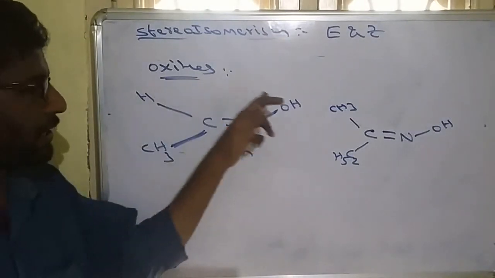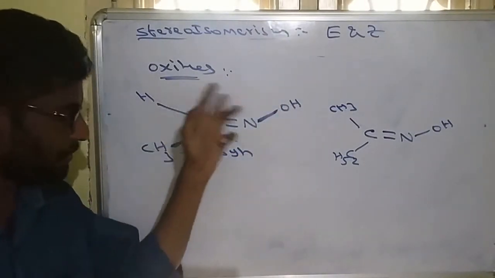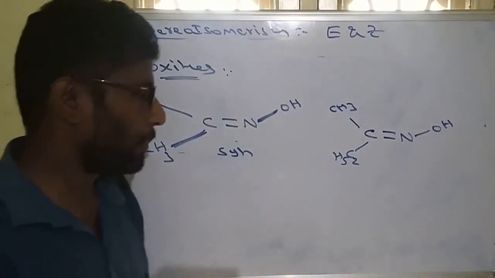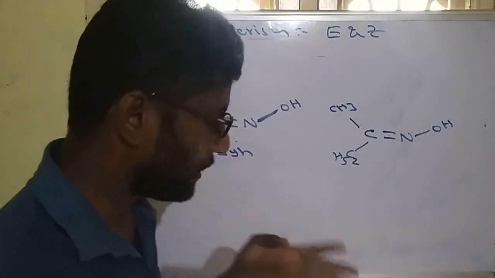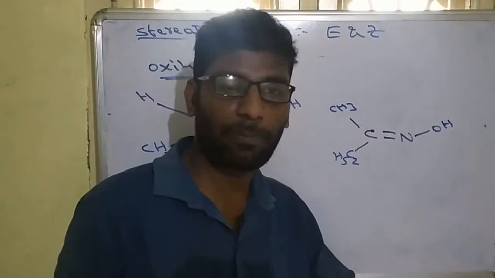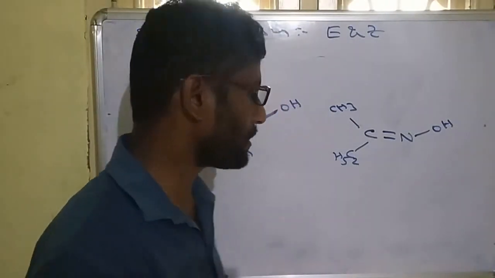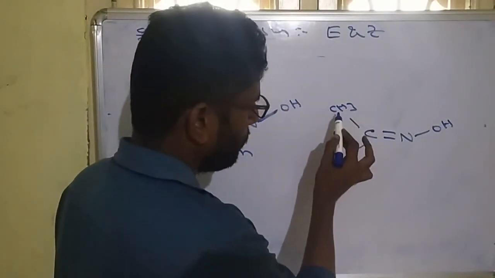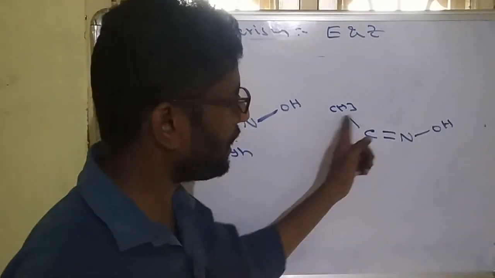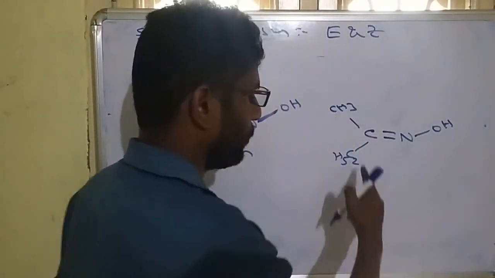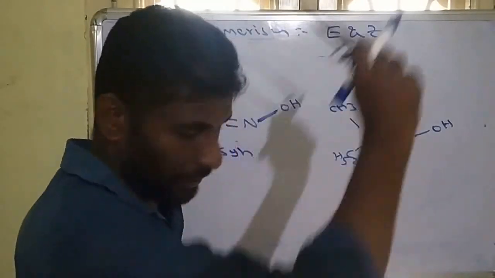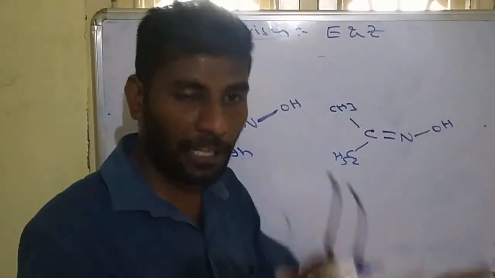Hydrogen on the same side as the OH is syn, opposite to the OH is anti. But here there is no hydrogen, both are alkyl groups, so we cannot say directly which is syn and which is anti. What we do is, this methyl group is on the same side as the OH, so methyl is in the syn position, whereas ethyl is in the opposite, anti position.